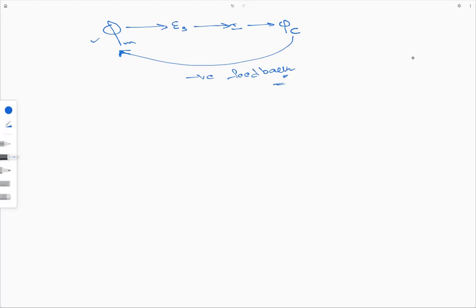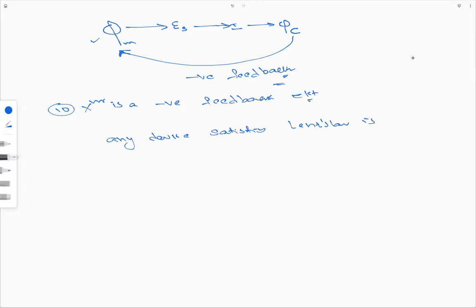Hence, there is a point in the exam: transformer is a negative feedback system, not a positive feedback system. If it comes in the exam, what do we say? Transformer is a negative feedback circuit. We have written points, say 9, so write this as the 10th point. Transformer is a negative feedback circuit, or I can say any device that satisfies Lenz's law is a negative feedback device.